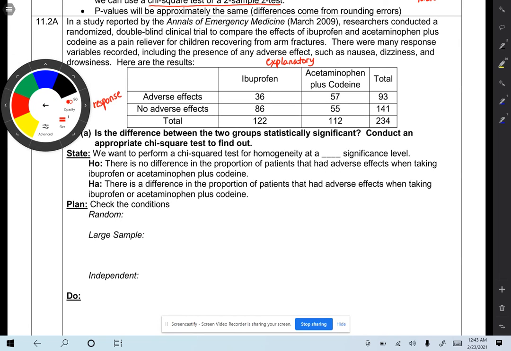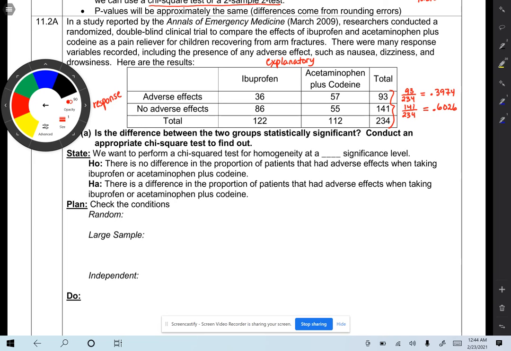So looking at these, we have 93 divided by 234, which gives us 0.3974. And we have 141 divided by 234, which gives us 0.6026.